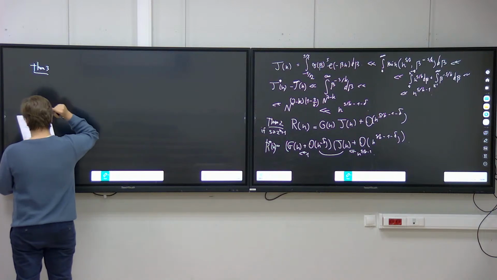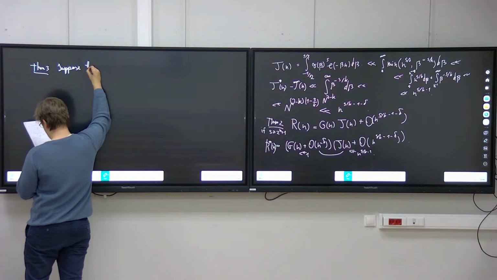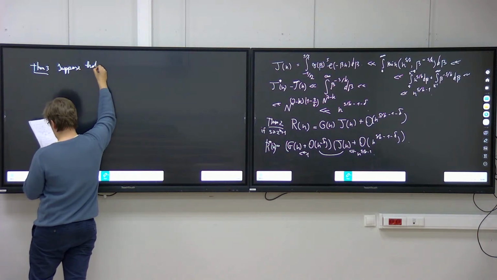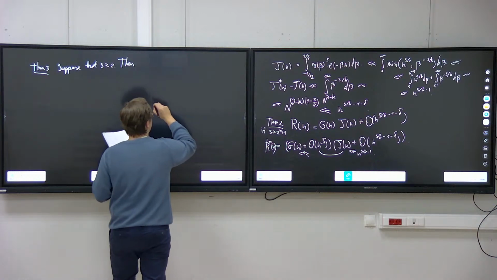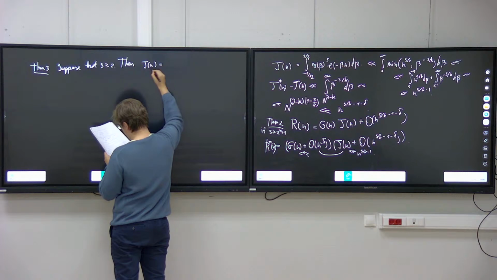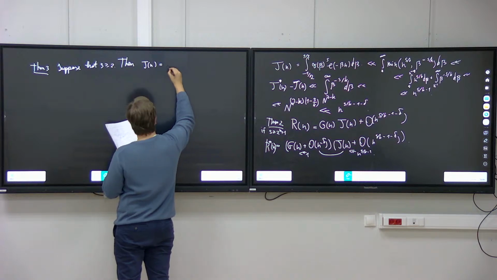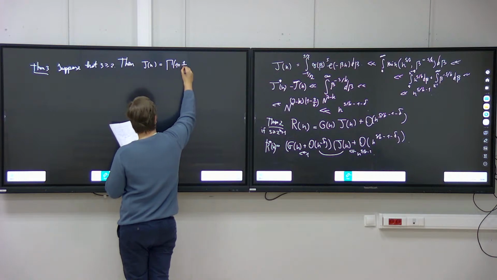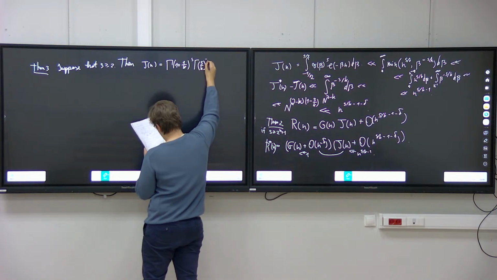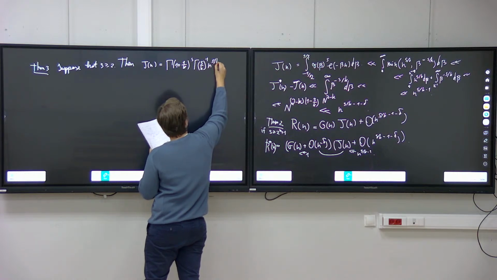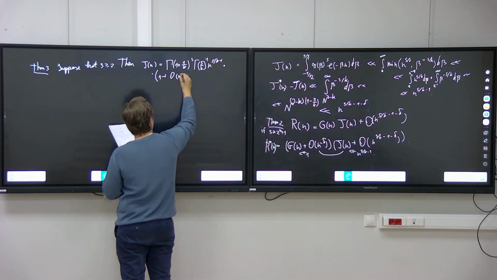Okay, theorem 3. Suppose that s is greater than 2, then J of n is equal to gamma of 1 plus 1 over k to the power s, over gamma of s over k, to the power minus 1, n to the power s over k minus 1, multiplied by 1 plus big O of n to the power minus 1 over k.